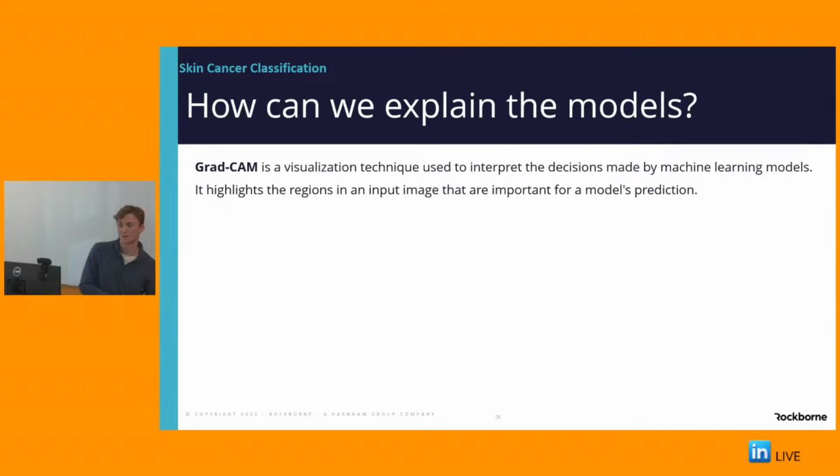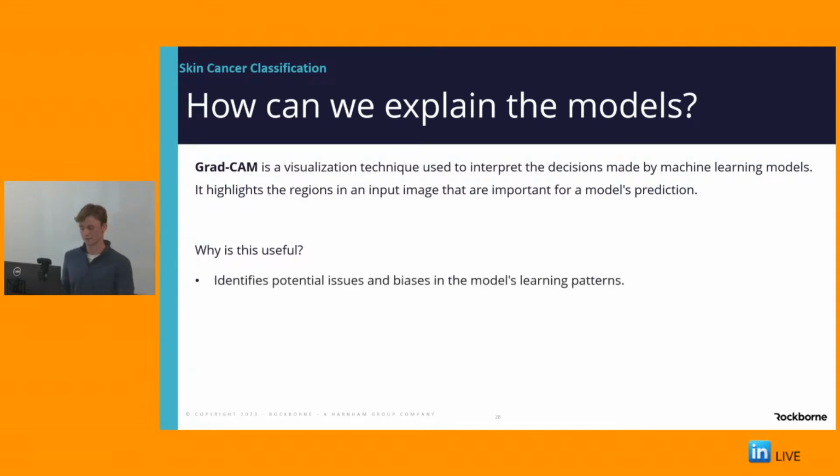So the technique I've chosen to go with here is GradCAM. This looks at which areas of the model are firing when it's given a particular input image. So why is this useful? Well, firstly, for me, I can just see issues and biases. So if it's always focusing on a particular section of images, that can be interesting.